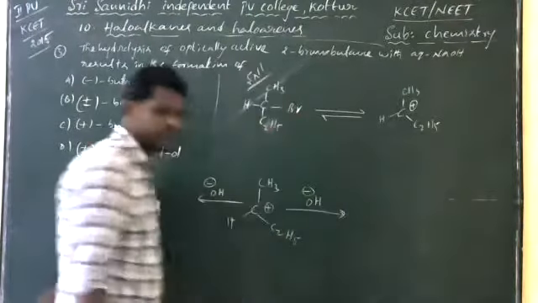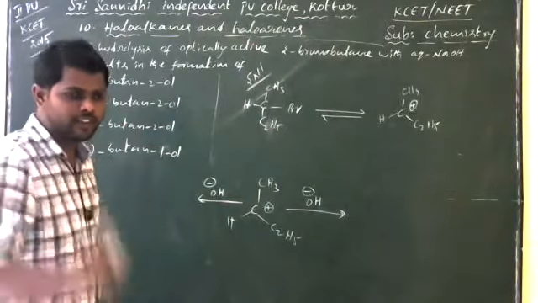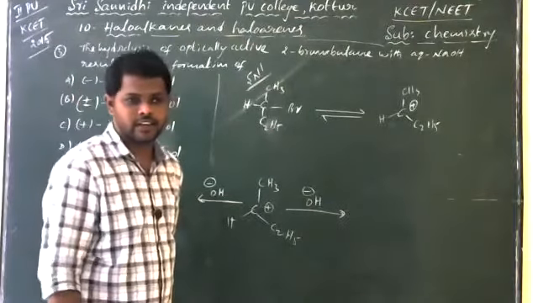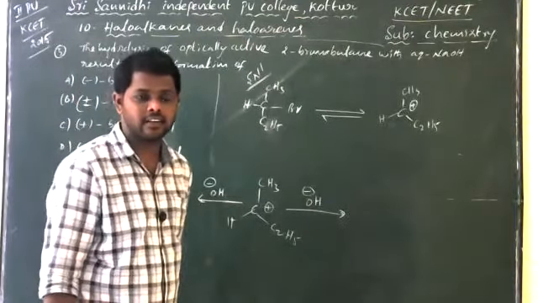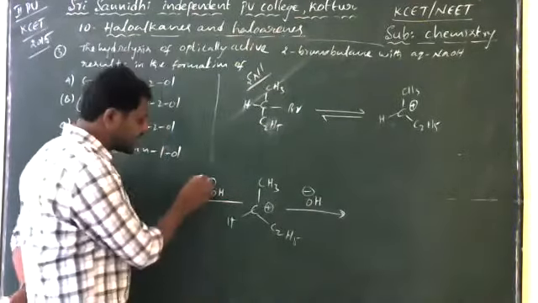That process is called the racemization process. One configuration is retention, and the other is inversion. The nucleophile attacks either side of the carbocation.